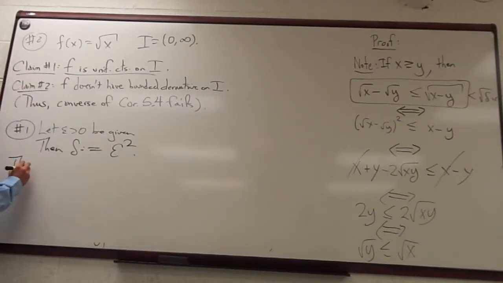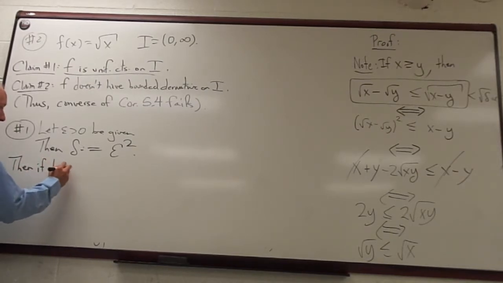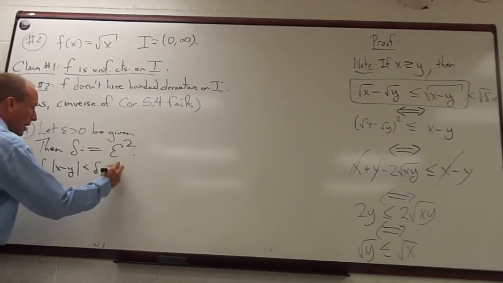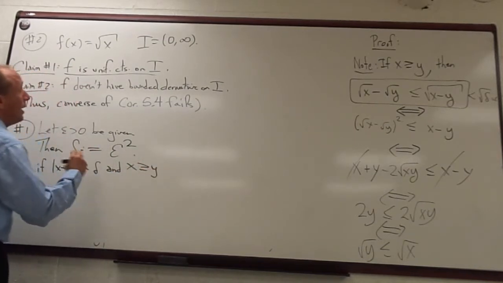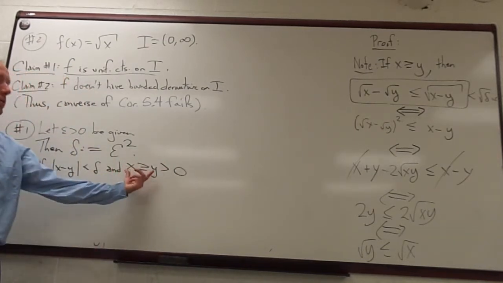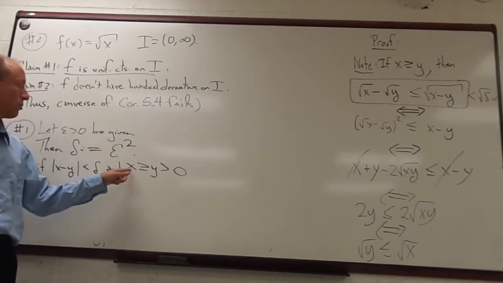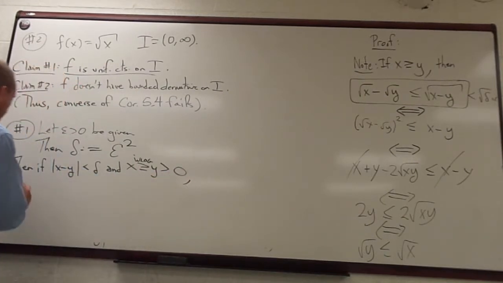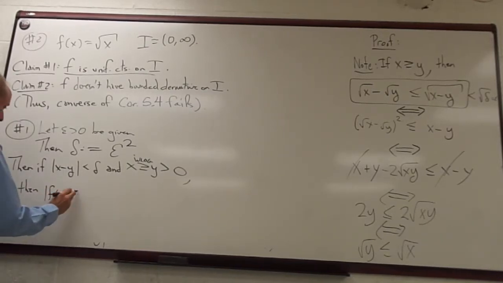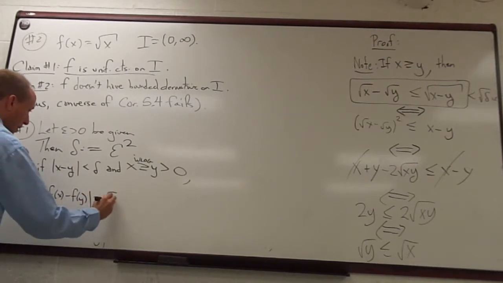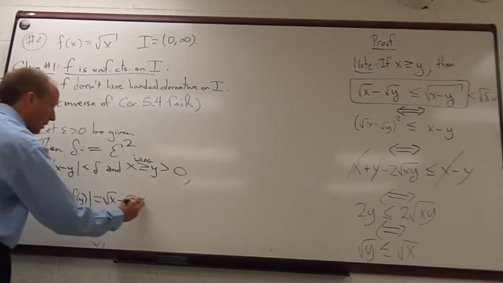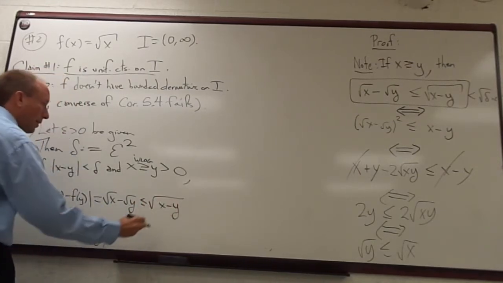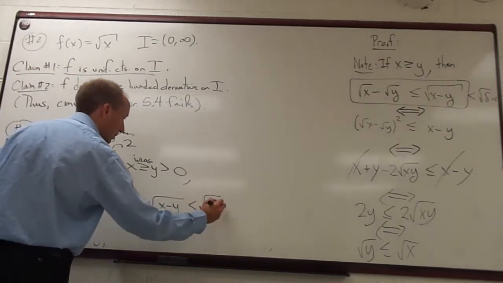So then, if the absolute value of x minus y is less than delta, and x is greater than or equal to y is greater than 0, so I'm going to make sure x and y are in my domain, and we're going to just, without loss of generality, assume that x is greater than or equal to y, then basically the absolute value of f of x minus f of y, which is just radical x minus radical y, will be less than or equal to radical x minus y, which is less than radical delta, which is epsilon.